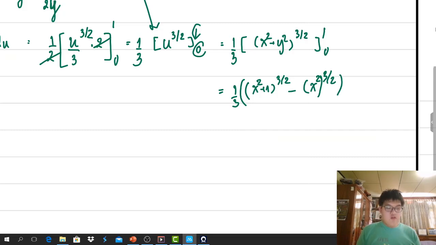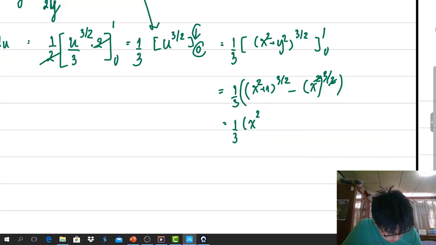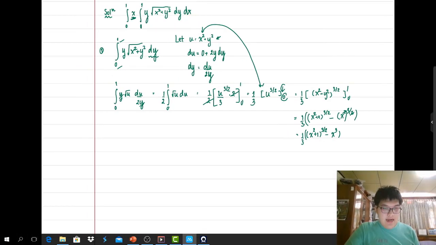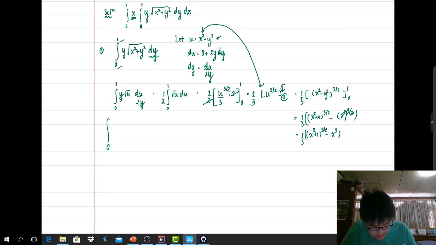Here you see the 2 and 2 will cancel out, leaving only 1 over 3. Inside you will get x squared plus 1 to the 3 over 2 minus x cubed. This one is the inside. Then we will take it to the outer integral, and you will get it.